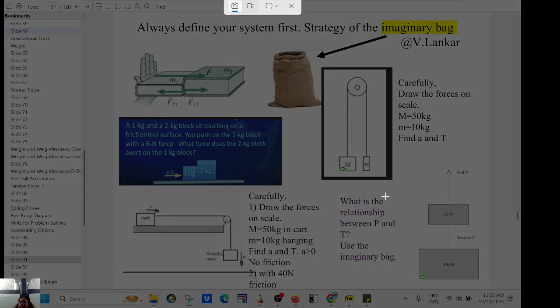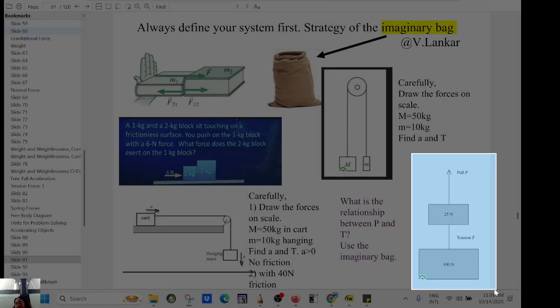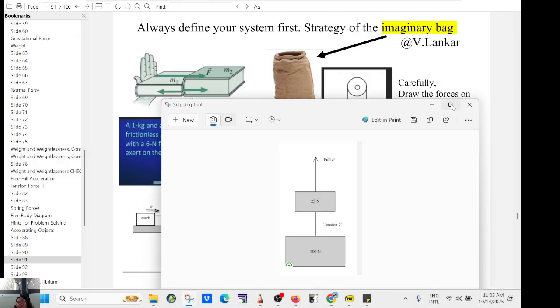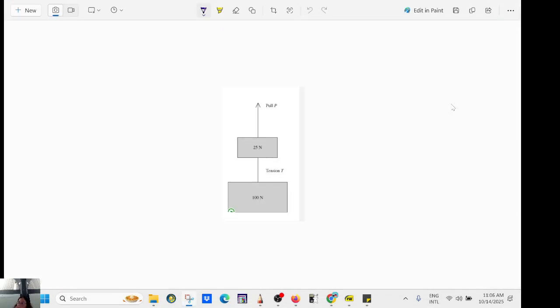So let's do this one. This is the most important. It's the most challenging, but it's very important for engineering, right? Projectile motion, it's cute, but it's not like you're going to use it that much if you're doing mechanical engineering. Okay, so this is also a two components system.